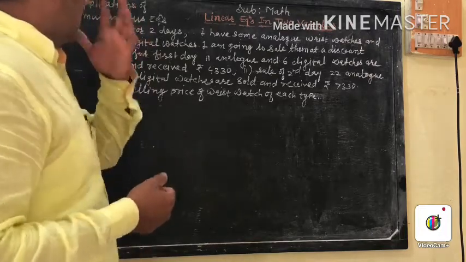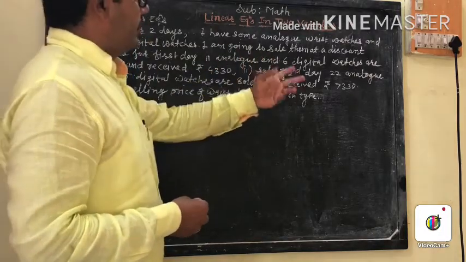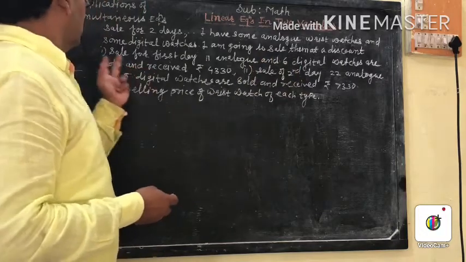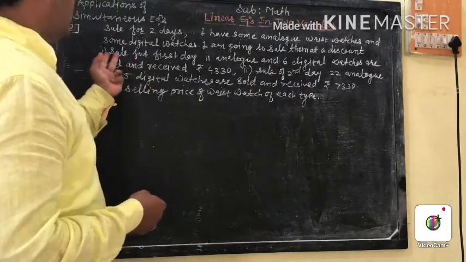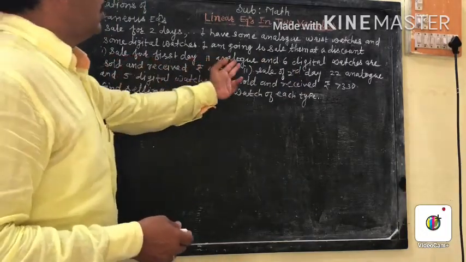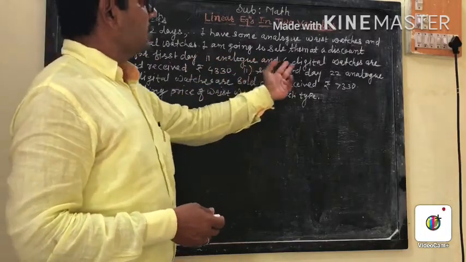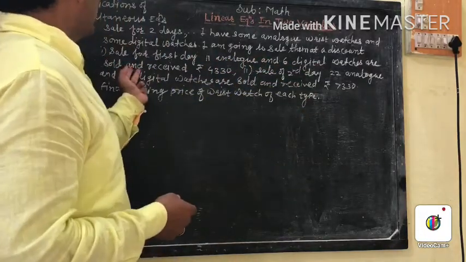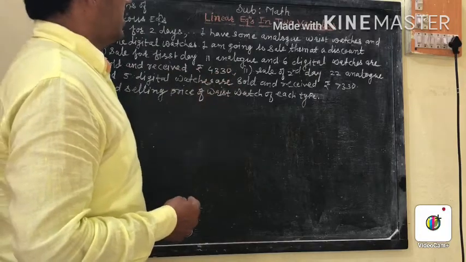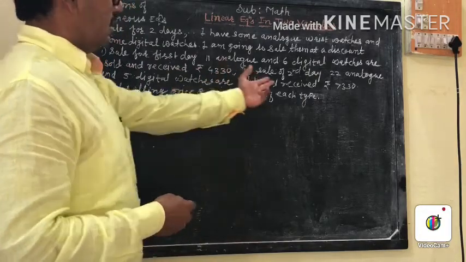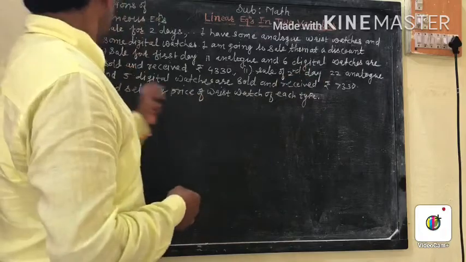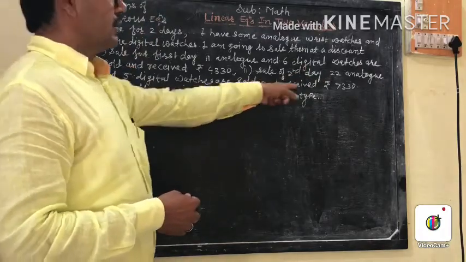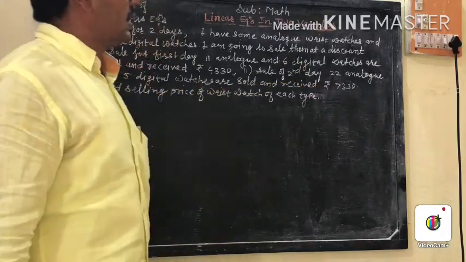I am going to sell them at a discount. On the first day, 11 analog and 6 digital watches are sold, and the received amount is 4,330. On the second day, 22 analog and 5 digital watches are sold, and the received amount is 7,330 rupees.